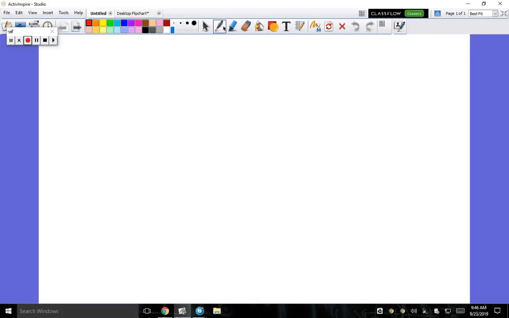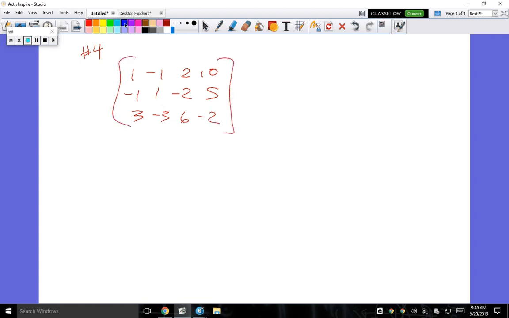It starts off as 1, negative 1, 2, 10, negative 1, 1, negative 2, 5, 3, negative 3, 6, negative 2. This is number 4 on that worksheet that's linked in the calendar. This is where you would start. After doing all the row reduced echelon form, you will end here.